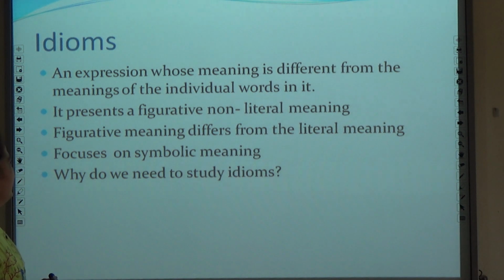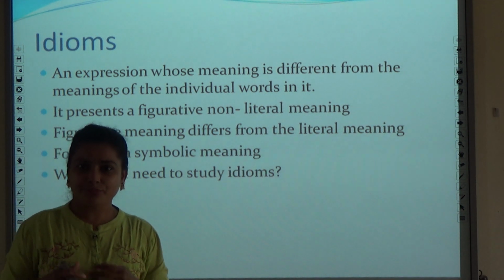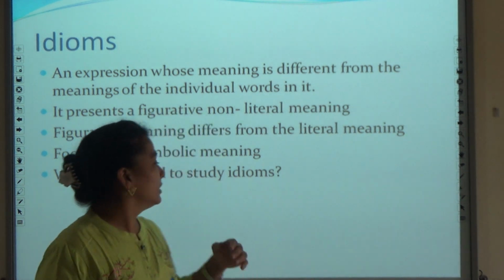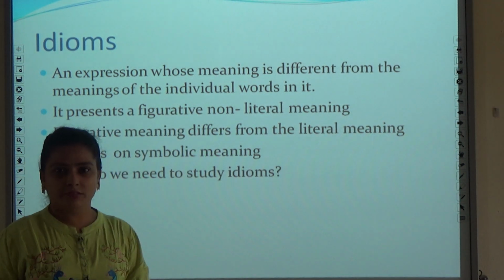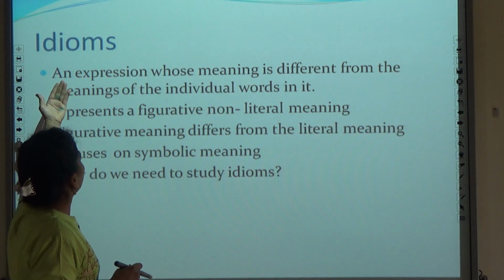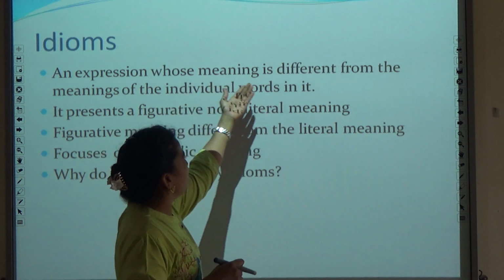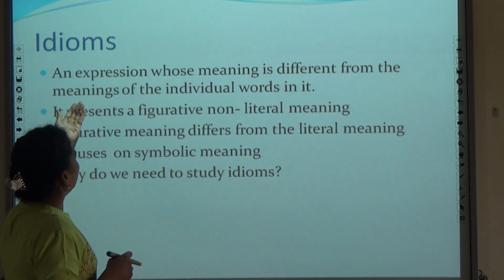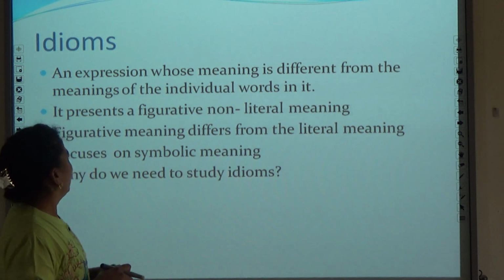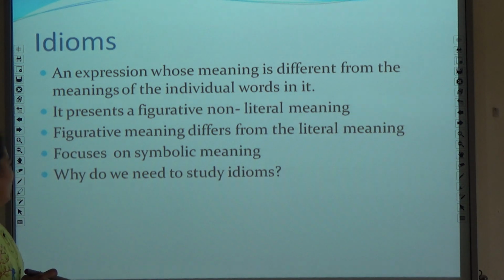What exactly are idioms? Idioms, in simple easy language, students, idioms means वाक्प्रचार. Now idioms are an expression whose meaning is different from the meanings of the individual words in it. Now what are the features of idioms?